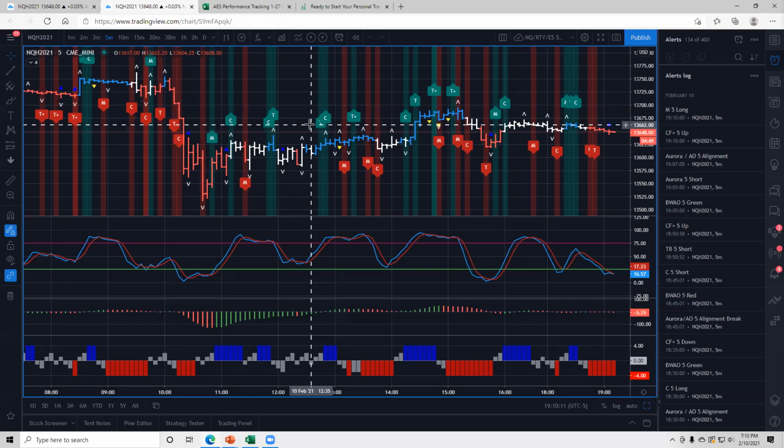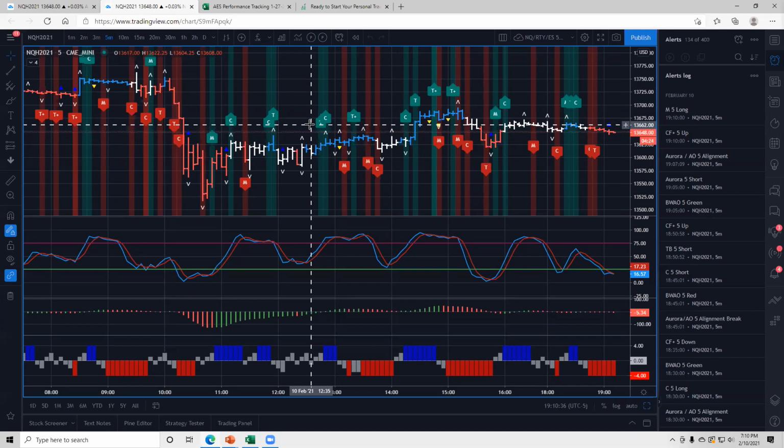You can use this on 3-minute charts if you want to trade shorter time frames when you're trading futures. You can use it on pretty much any futures contract you choose: ES, which is the S&P 500 futures, or RTY, which is the Russell 2000 futures, or even oil, gas, the metals, whatever you prefer to trade.